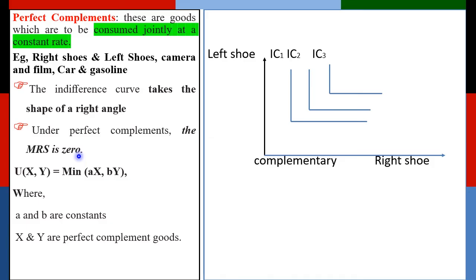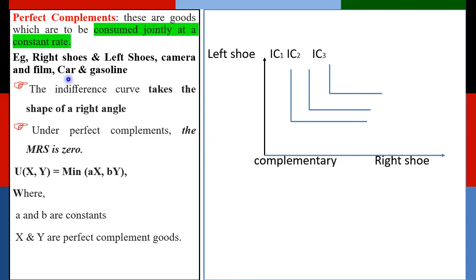Because we cannot substitute the right shoes with another. We don't have an alternative to replace right shoes with the other. Again, there is no choice without the gasoline or without the oil. Yes, a car is nothing.